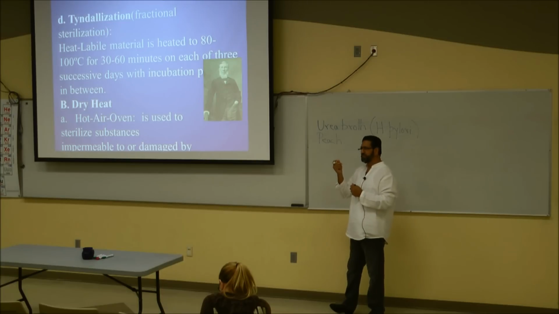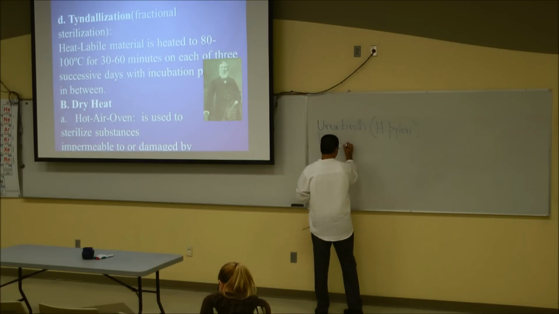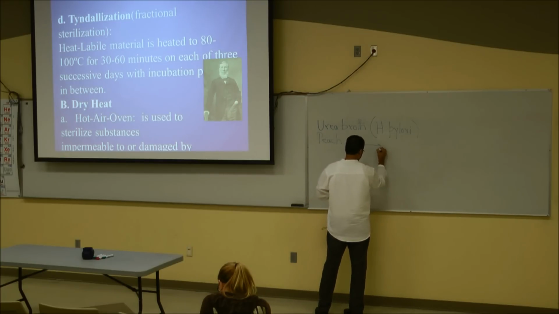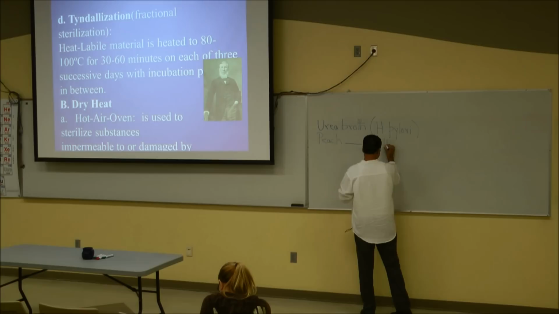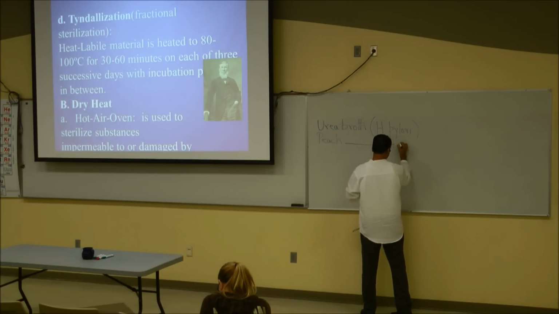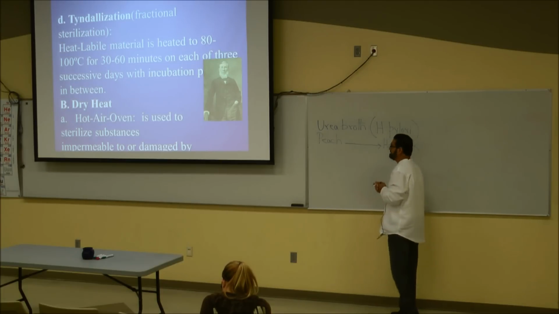Confirmation test for this is doctors, when they do biopsy of a person who has peptic ulcer, they take the tissue of the stomach and they put it in this medium, and within about 12 hours, the color turns hot pink. So that's the confirmation test.